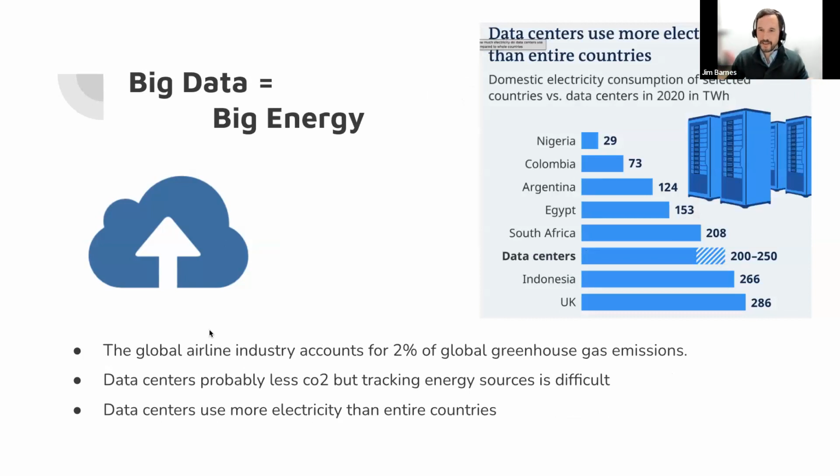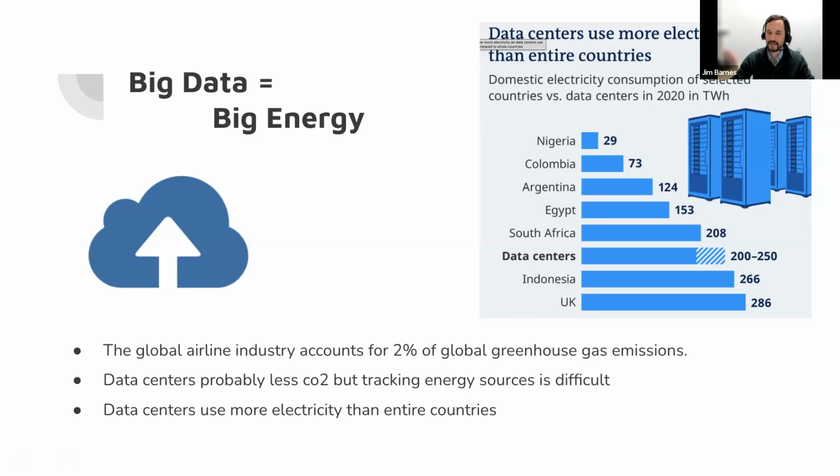So a little bit more about the energy that I thought was interesting. The global airline industry accounts for 2% of global greenhouse gas emissions. Some people think that the data centers don't make as many greenhouse emissions because they may run on cleaner electricity.